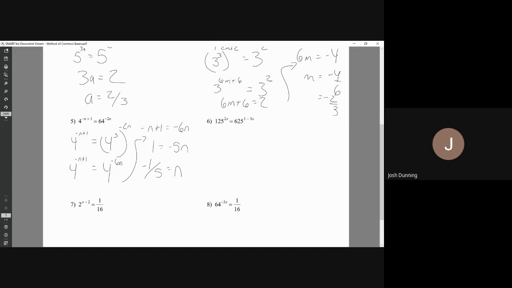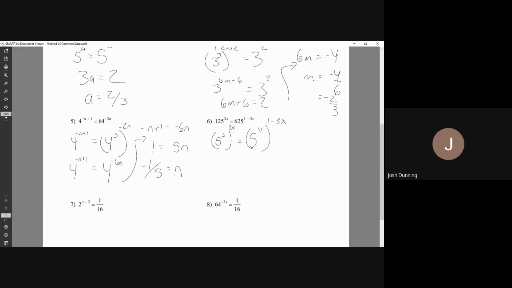Now number 6 is another one where we got to drop them both down because 125 squared definitely isn't 625. We can drop those both down to a base of 5. 5 cubed is 125. 5 to the 4th is 625.